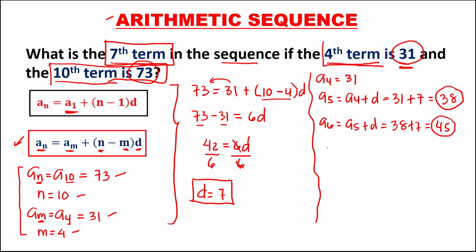Then to find now the seventh term, this is a sub 6 plus the common difference, and the sixth term is 45 plus the common difference is 7. So therefore the seventh term is equal to positive 52. So this is now the seventh term in the sequence.